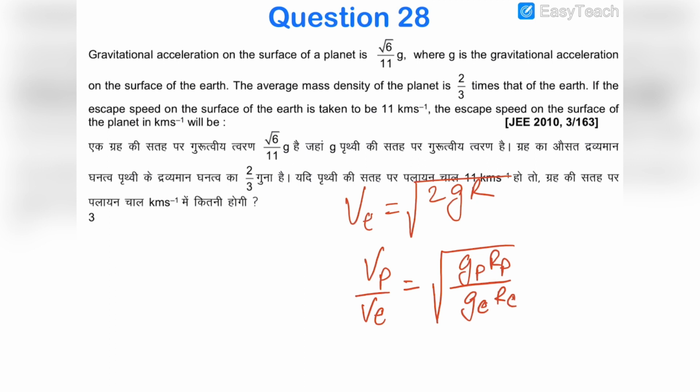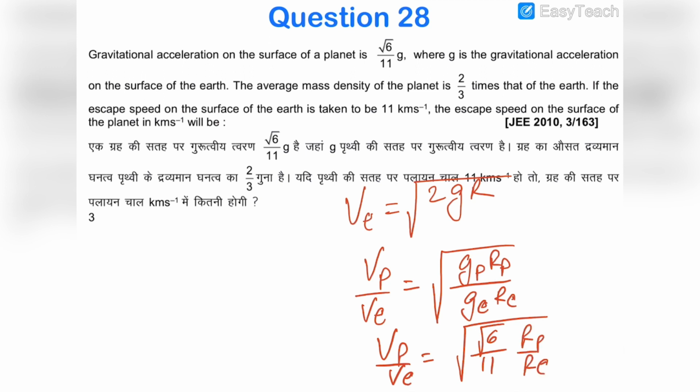Now Vp by Ve will be equal to under root of gp by ge, which is root of 6 by 11, and we have to find out Rp by Re.